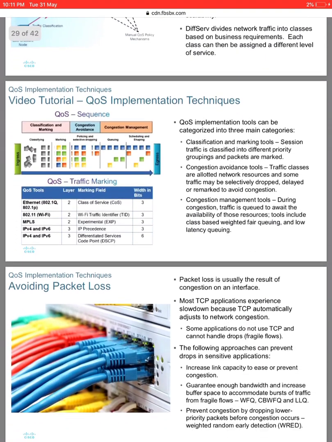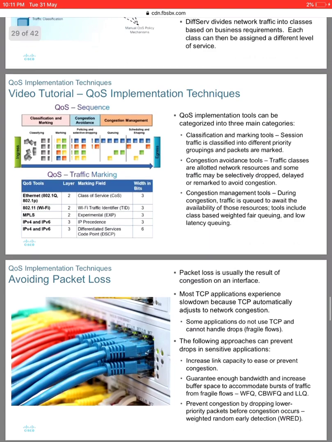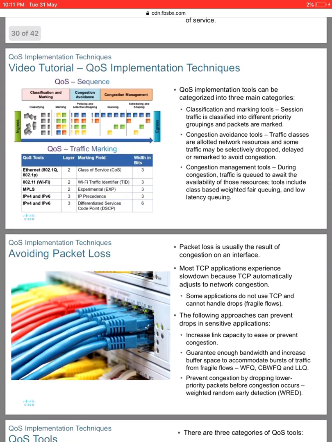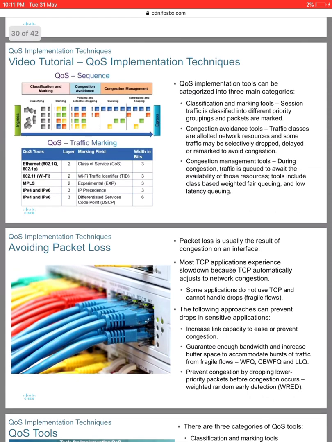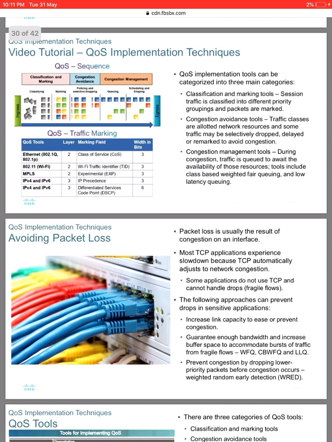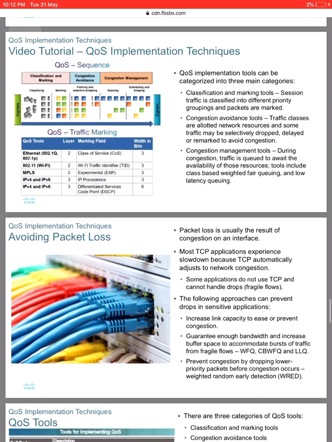For the implementation techniques of QoS, implementation tools can be categorized into three main categories: classification and marking tools, congestion avoidance tools, and congestion management tools. So the session traffic is classified into different priority groupings and packets are marked.